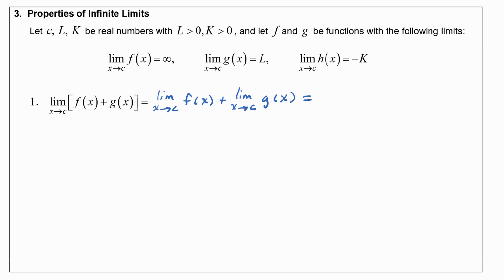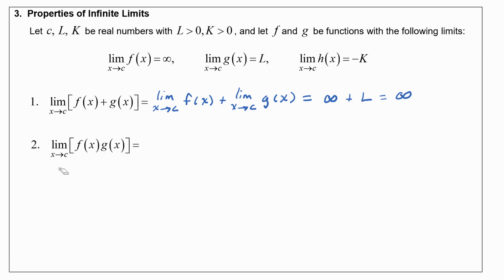So then we can substitute in. We know this limit is equal to infinity plus this limit is equal to L, and infinity plus any finite positive number is going to equal infinity.